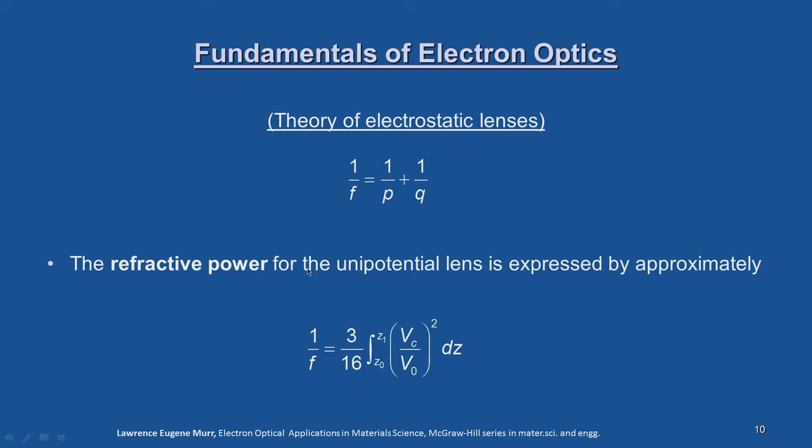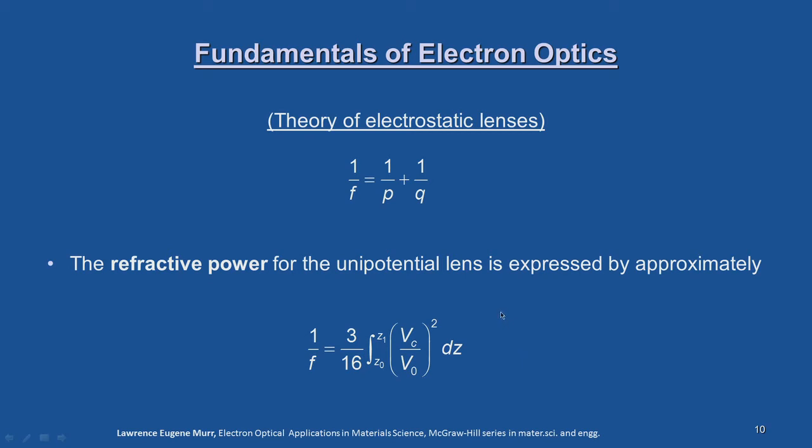The refractive power of the unipotential lens is expressed approximately by 1 by f equals 3 by 16 times the integral from z0 to z1 of (Vc by V0) whole square dz, which is a function of the field strength.